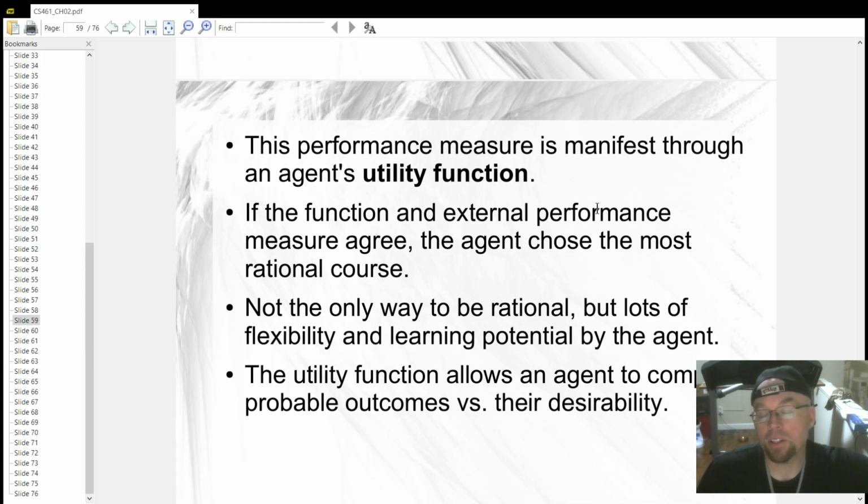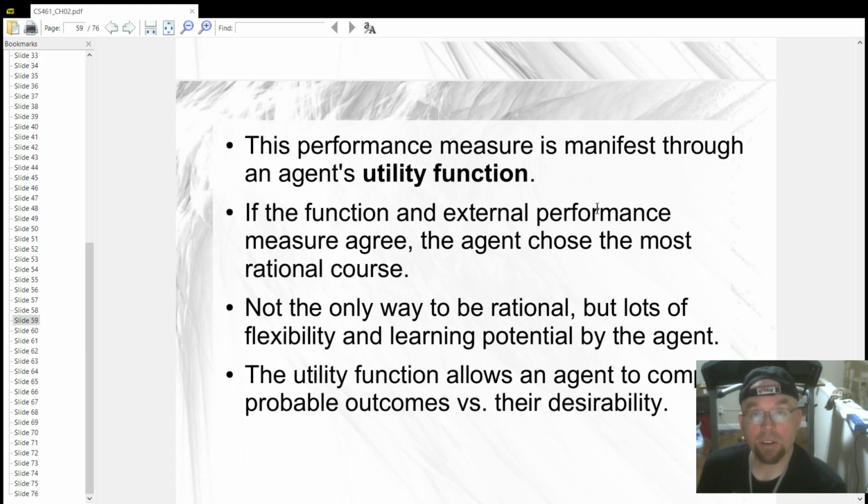Now, if based off the decisions, the utility function reports an overall total score of, I don't know, 27 or something, or some value that doesn't line up with that, well, then you can say it chose a less rational course. Okay, so there are many different ways to quantify what's rational, and this isn't the only way.